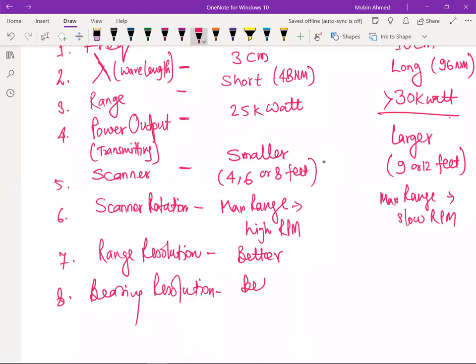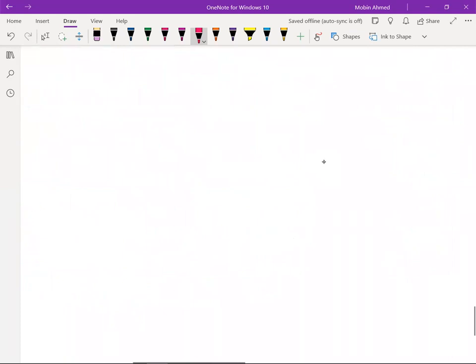Here also it is going to be better. And if it is a low frequency, it is going to be inferior. Here also it is going to be inferior. What is this? Range resolution and bearing resolution.